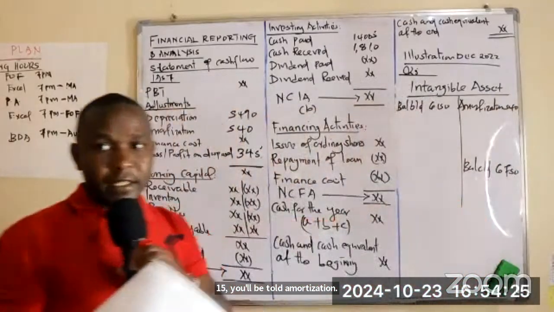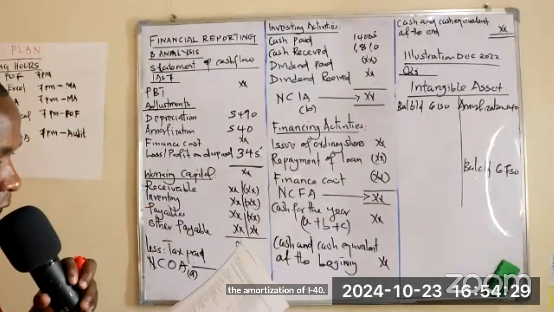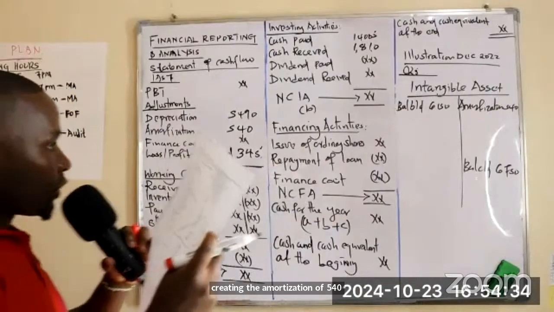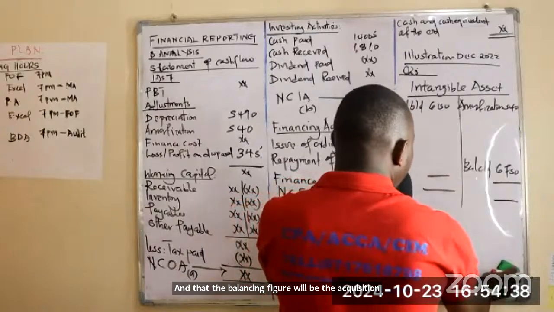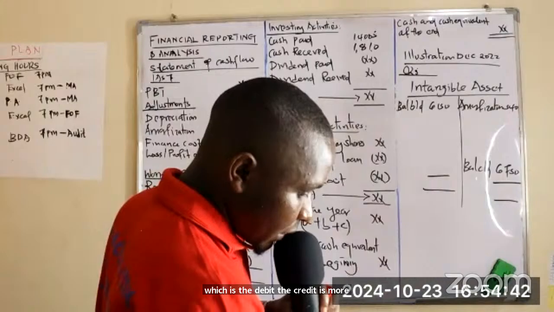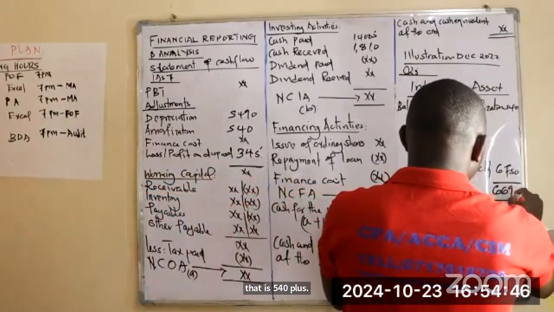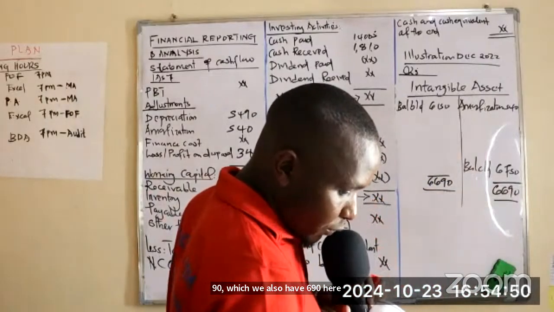We credit the amortization of 540, and the balancing figure will be the acquisition or the cash. So let's balance, which the debit, the credit is more. That is 540 plus 6750.